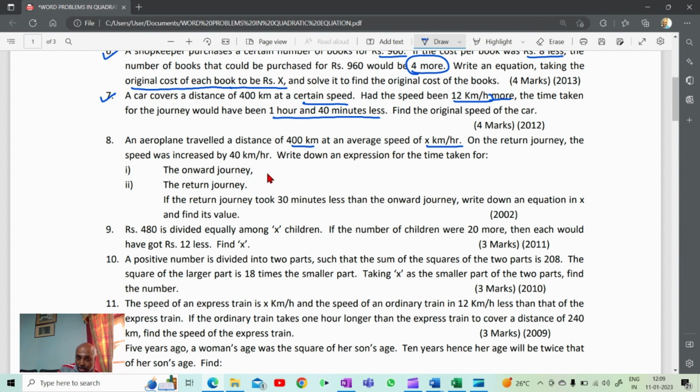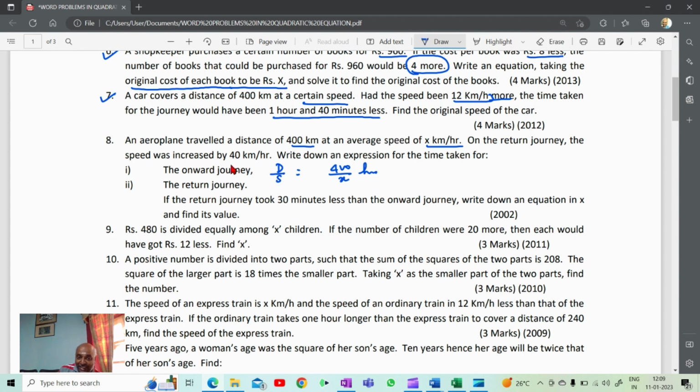So, onward journey, you know the total distance is 400 and the speed is x kilometers per hour. So, time taken will be distance by speed, which is nothing but 400 over x hours. So this is the answer. 400 over x is the answer for the first part of the question. The second one, the return journey.